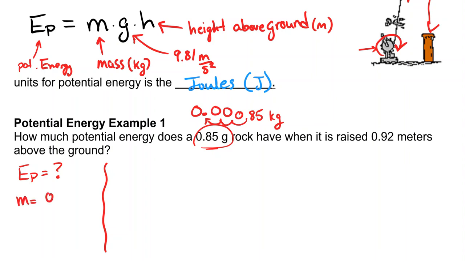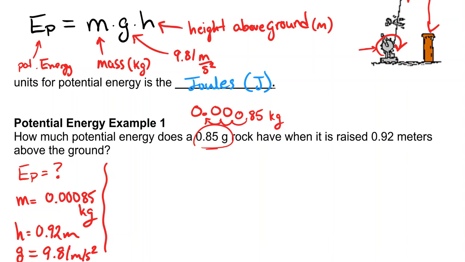So the mass is 0.00085 kilograms. No problem. Here we go. When it is raised 0.92 meters above the ground, its height is 0.92 meters. And something that they don't give you, but anything raised off of the ground has the potential to fall or accelerate back to the ground at a rate of 9.81 meters per second squared.